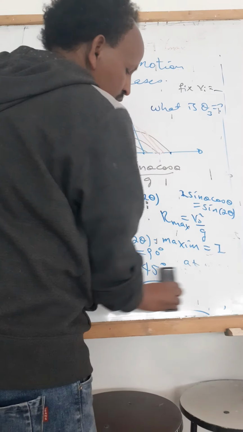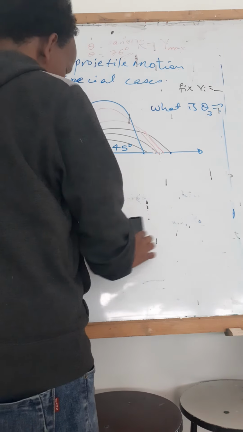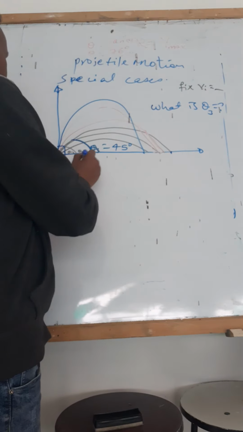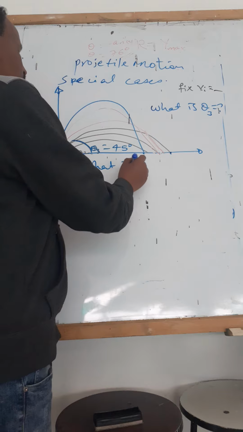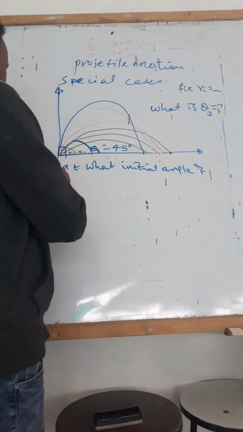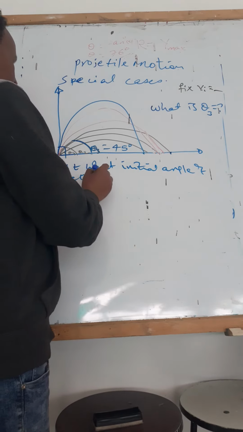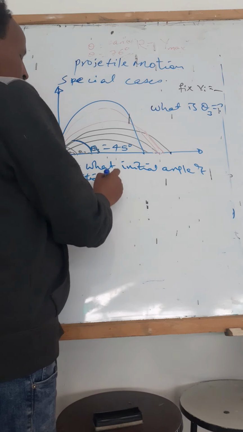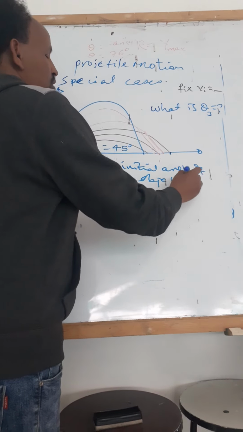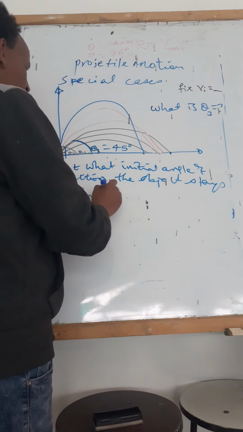At what initial angle of projection does the object stay long in air?